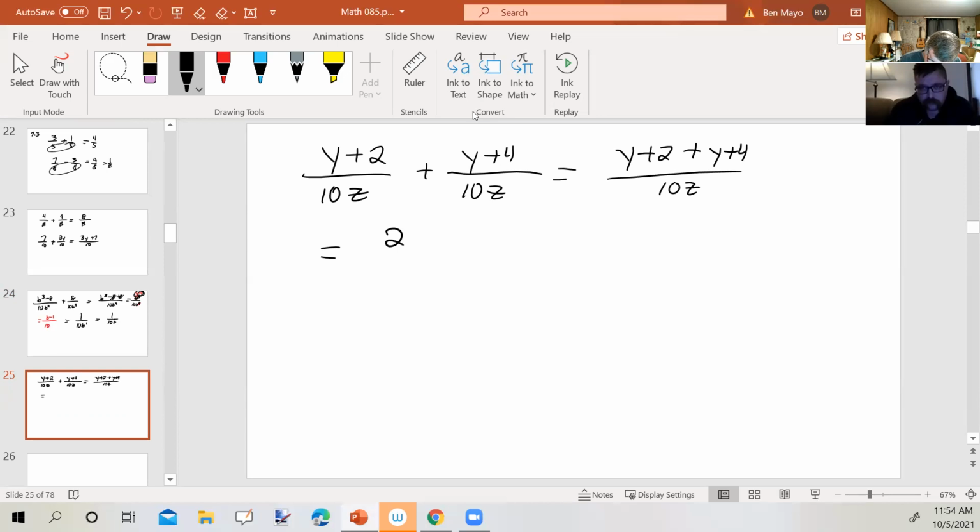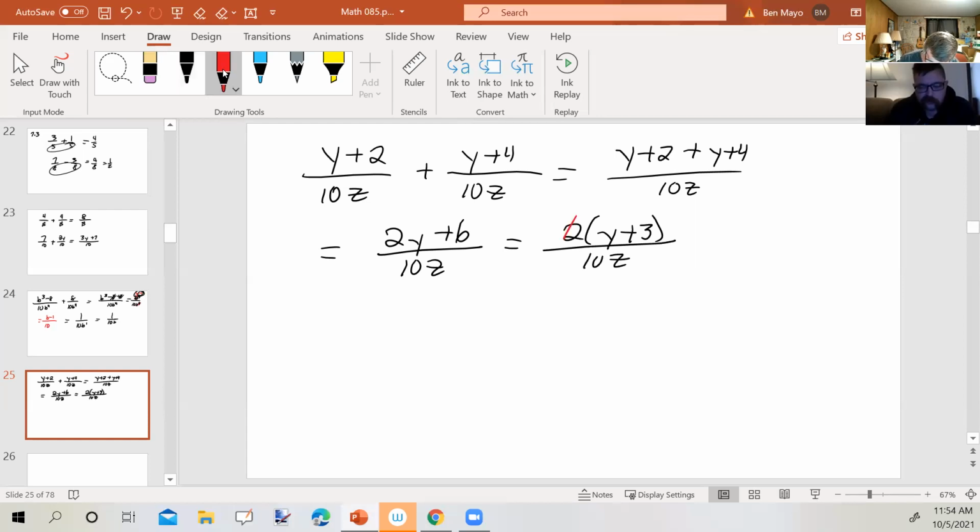Combining like terms in the numerator, I get 2y plus 6 over 10z. But now I can factor a 2 out of both terms in the numerator and reduce 2 over 10 to 1 over 5. And I'm left with y plus 3 over 5z.